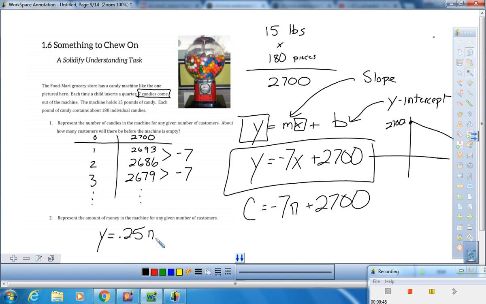Well, what's the b? Well, if we have 0 people come to our machine, where do we start? 0. So you could put plus 0. This could be an x. It could be C is equal to 0.25n. They're all the same. It's all good. Okay?